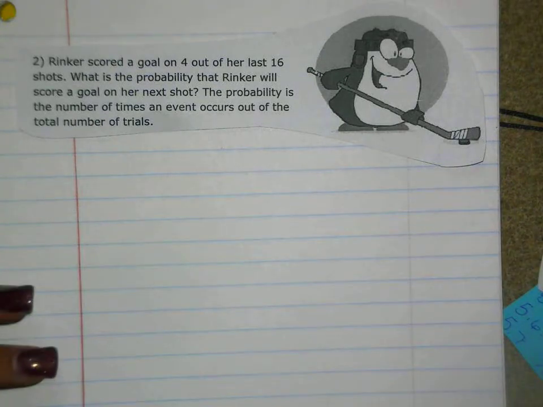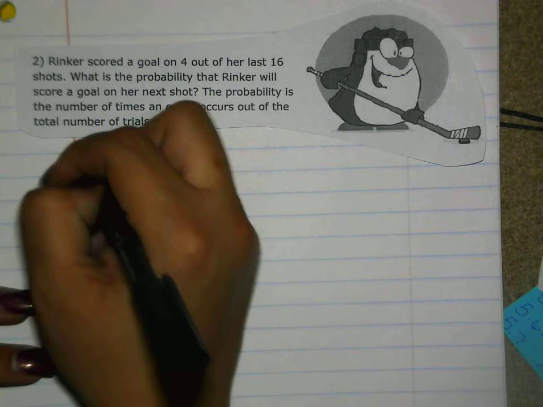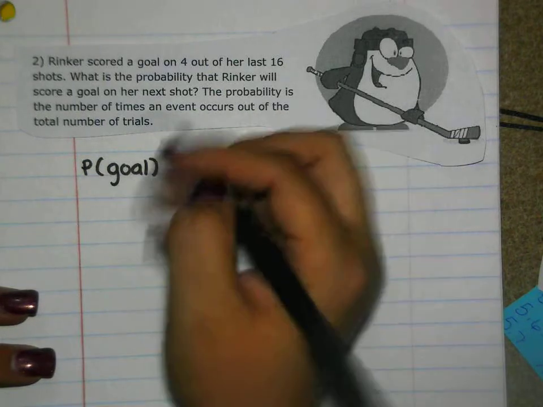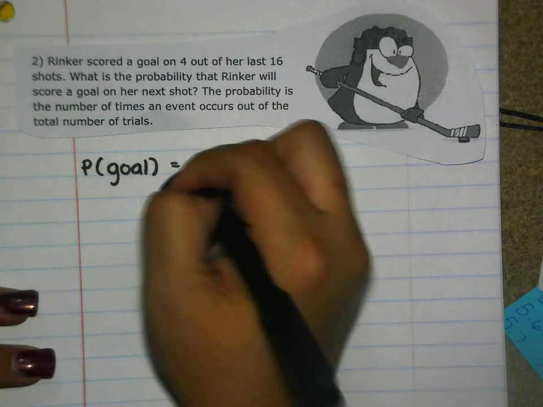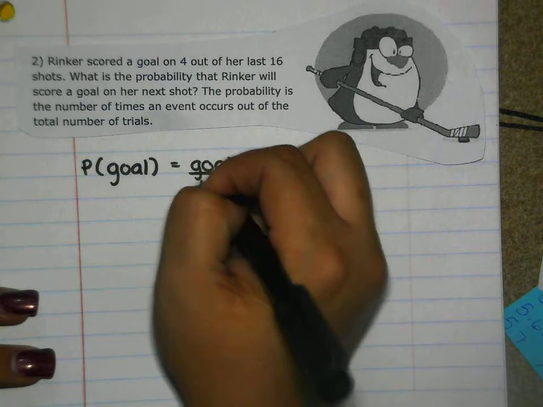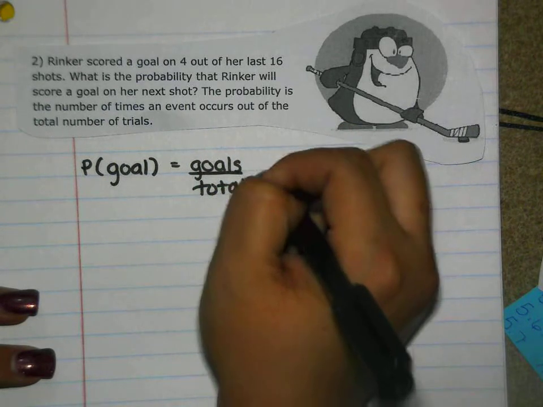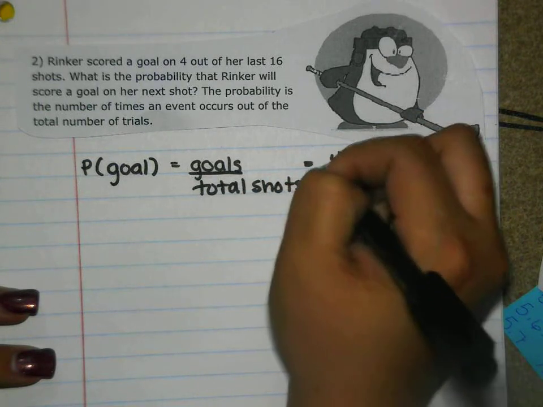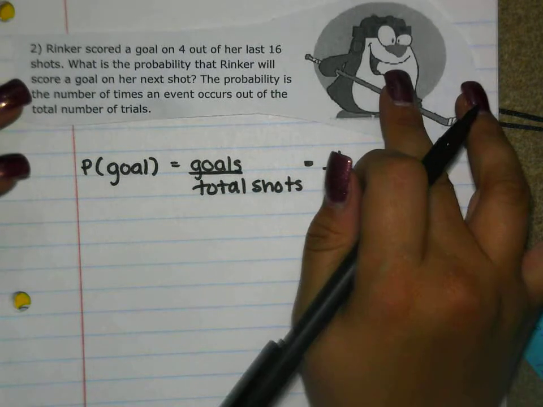The probability is the number of times an event occurs out of the total number of trials. So, what is the probability of her getting a goal? The probability of her getting a goal would be the goals so far out of her total shots. She has gotten 4 goals so far out of 16 shots.